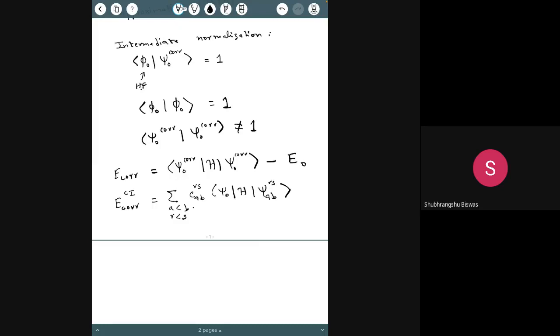And these are the unknowns which are obtained via the CI equation.